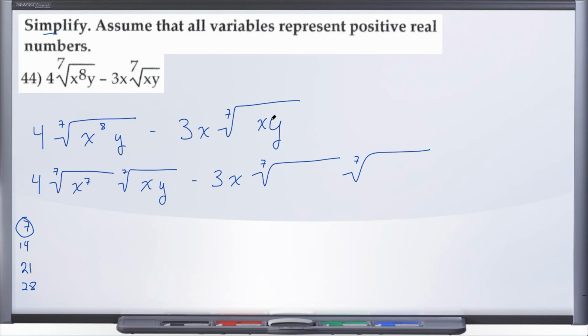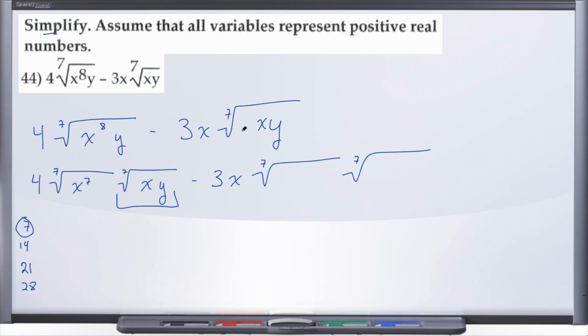All right, now let's go here, take a look, and see if we can break this radical down into our good stuff, bad stuff. Well, again, just like we discovered with number 43, we can see that the radical here that we were going to break down into good stuff, bad stuff, matches exactly the bad stuff from our first term.